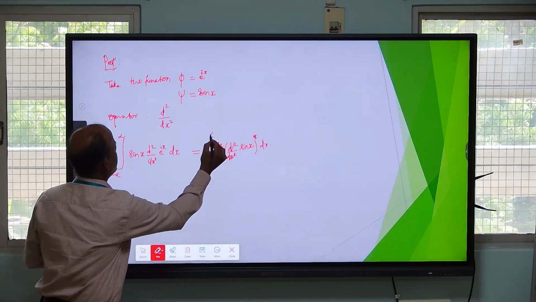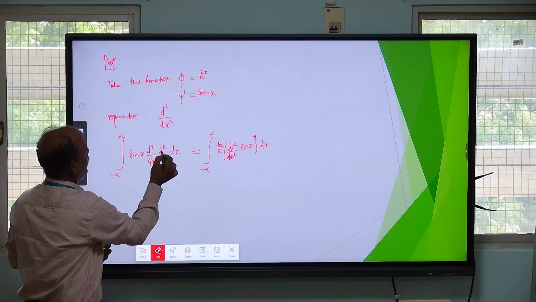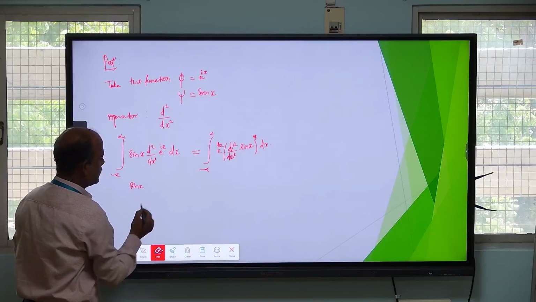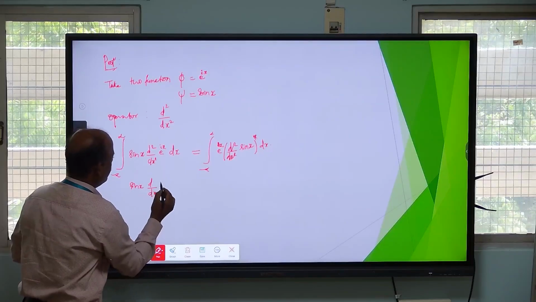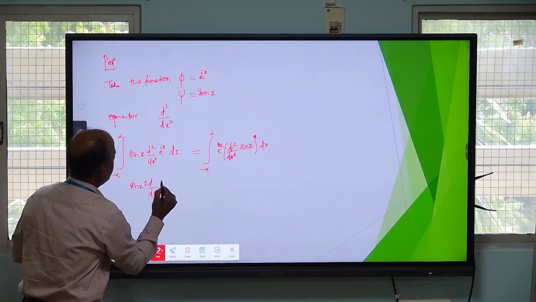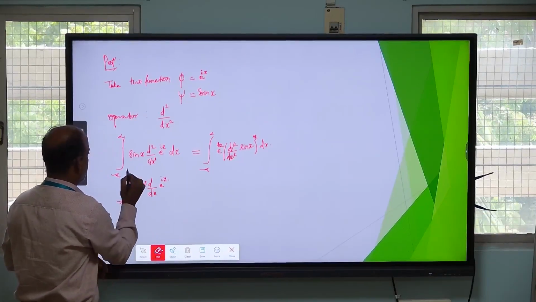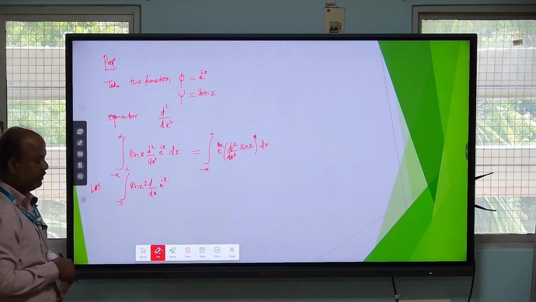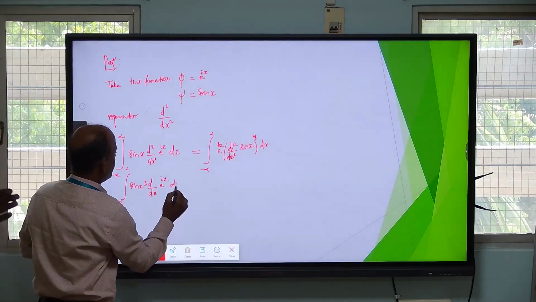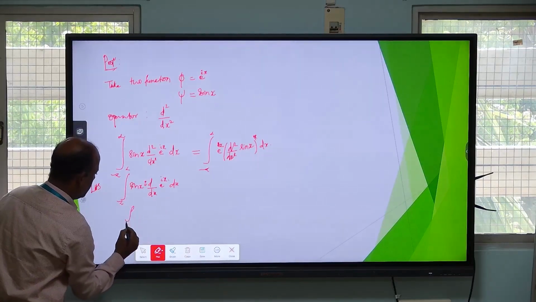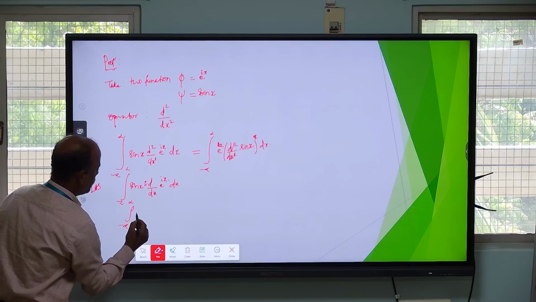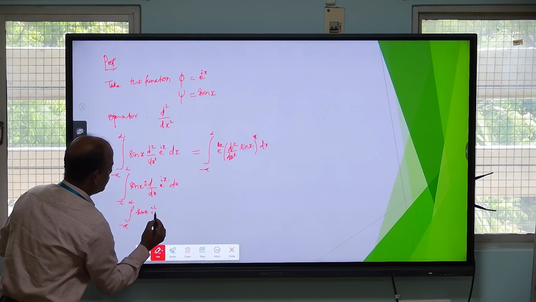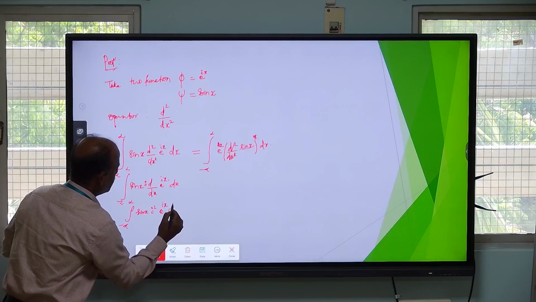If you find the second order differential of e power ix, sin x, d by dx of i e power ix dx, and further, if you differentiate once again, from minus infinity to plus infinity, sin x, again i appears here, that is i square e power ix dx.